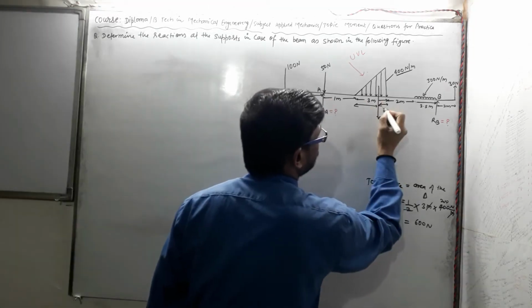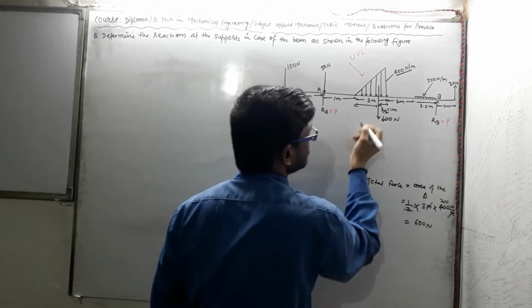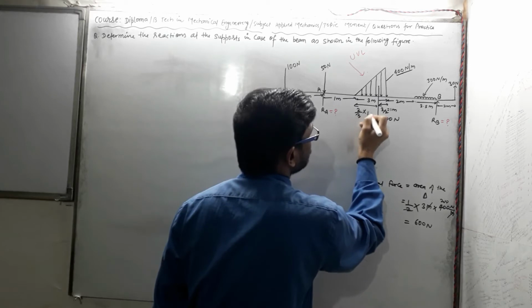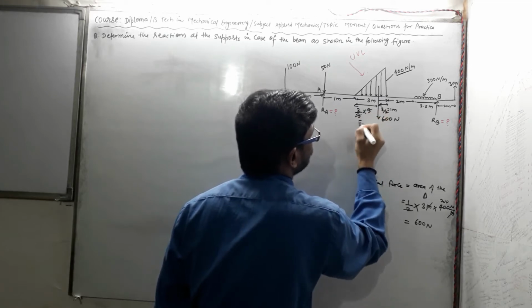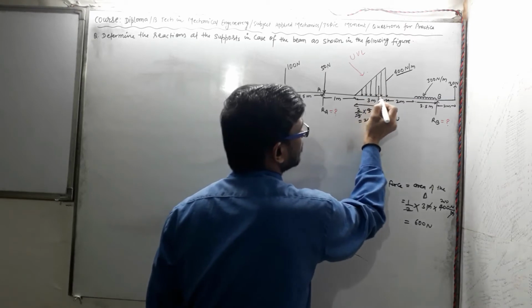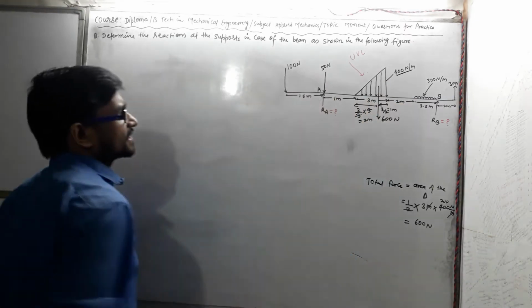H by 3 means 3 by 3, that is 1 meter, and 2 by 3 times h is 2 meter. So the CG will act 2 meter from this point and 1 meter from this point. So now we have obtained this much.